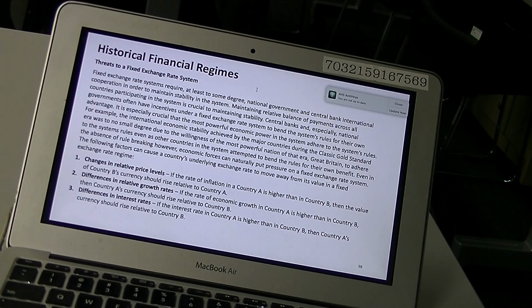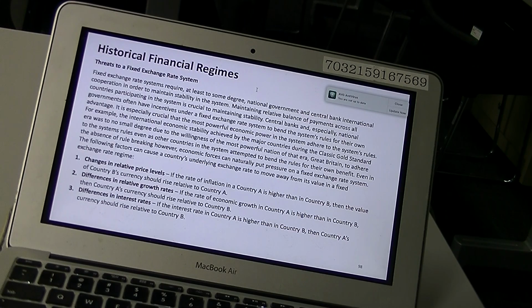That's a very important thing to remember. For example, let's say that over the last 25 years, inflation in the United States has generally been greater than in Japan. So if inflation is higher in the US than it is in Japan, then the value of the yen should rise relative to the US dollar.